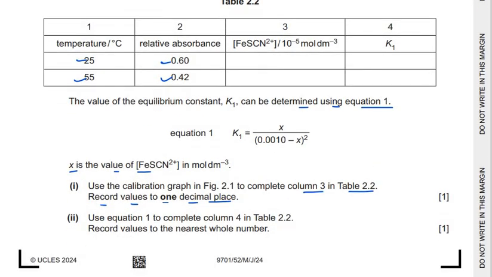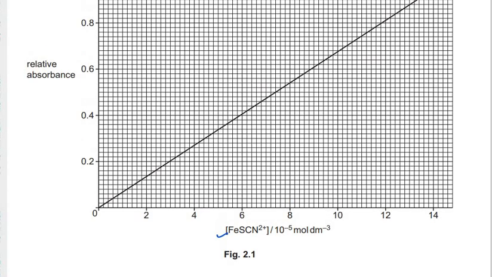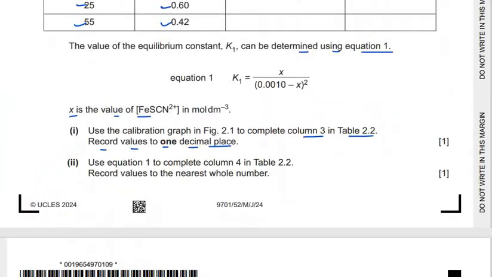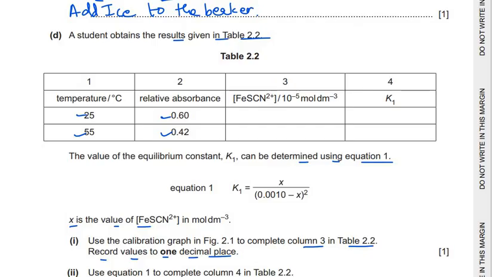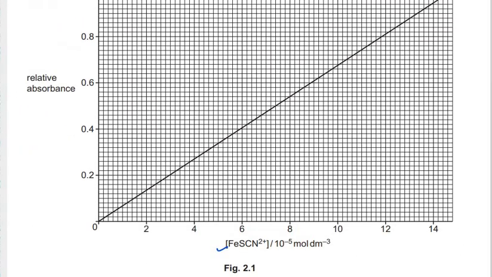Column 3 is the ferric cyanide solution, at temperatures 25 and 55, and we have to see the relative absorbance. They have told us to use the calibration graph in figure 2.1. So here is figure 2.1, and the relative absorbance is 0.60.